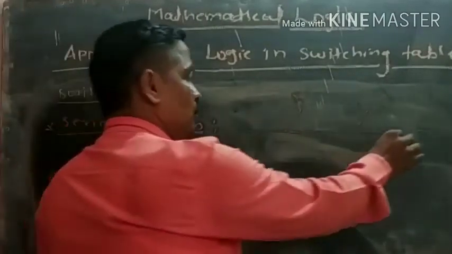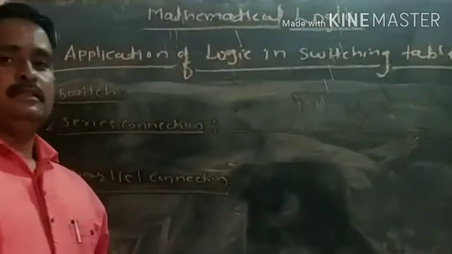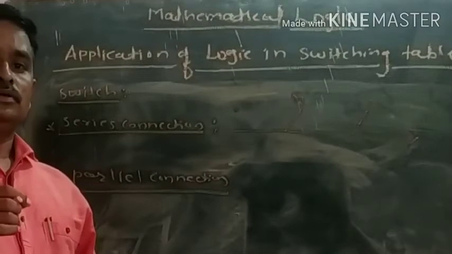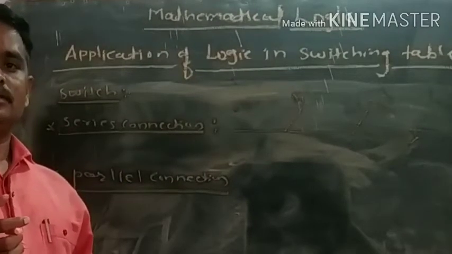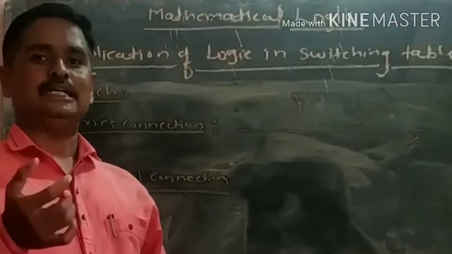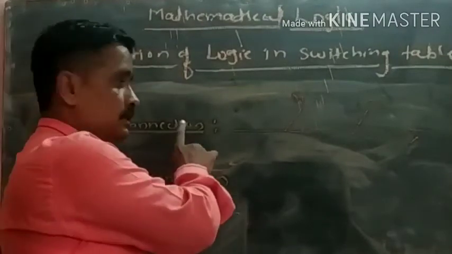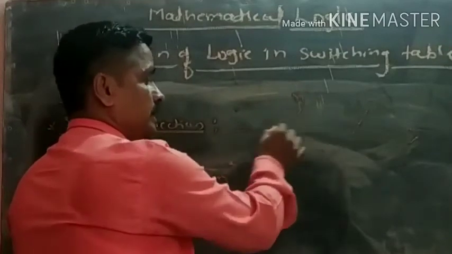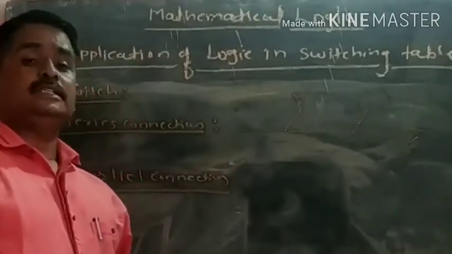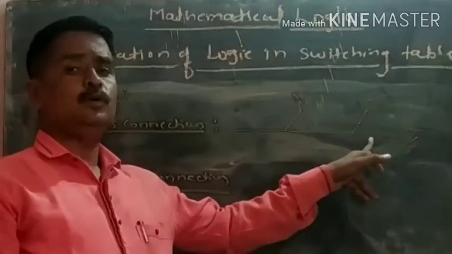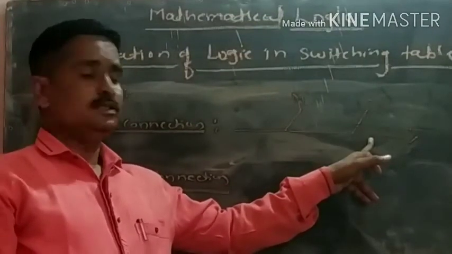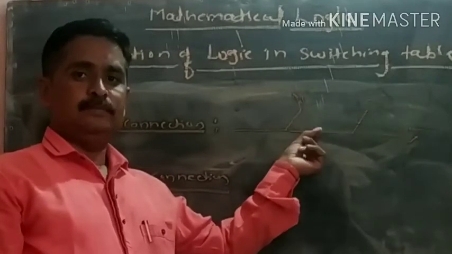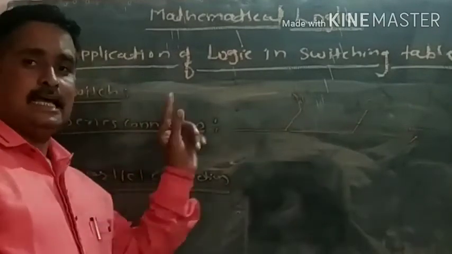We have to check the possibility of how the current flows. What is the possibility of current flowing if we connect the two switches S1 and S2 in series? What is the output of that connection?